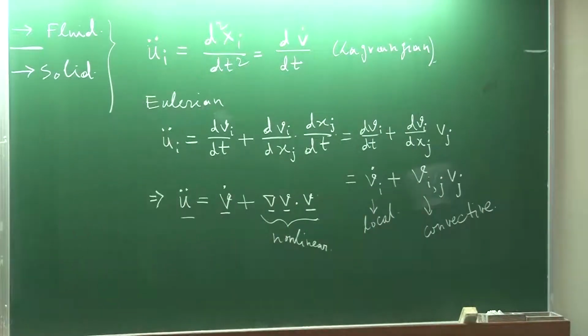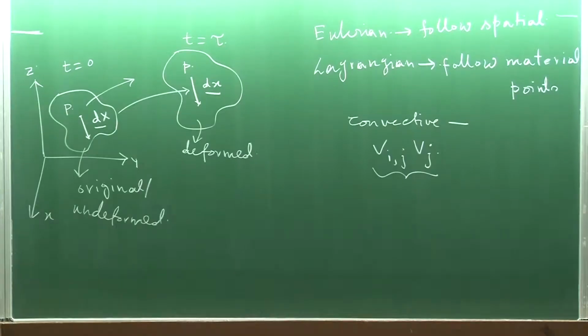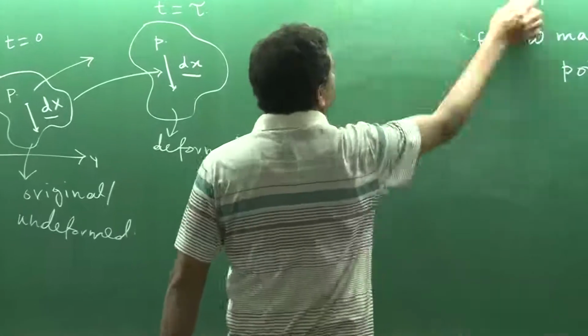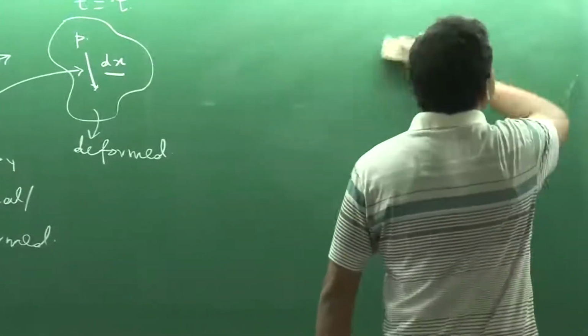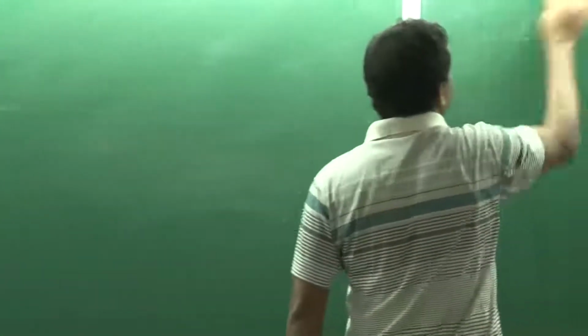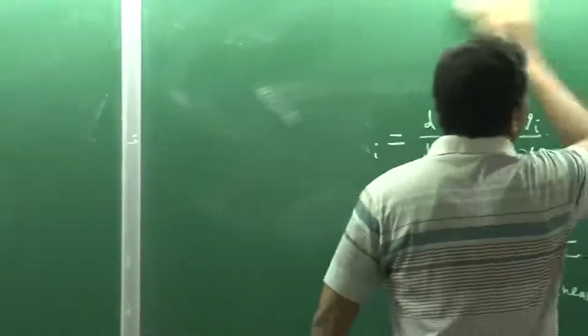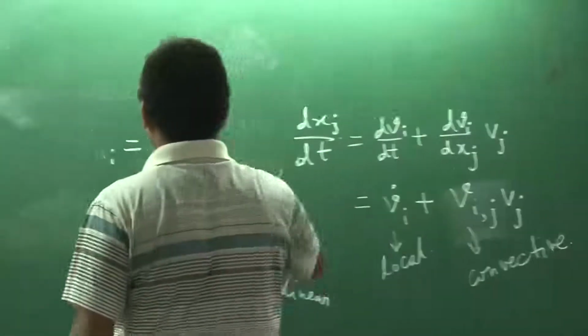So, after doing that, what we see is that it is very important to see with respect to which configuration we describe the motion, deformed or undeformed. For infinitely small deformations, we do not distinguish between the deformed and undeformed configuration.